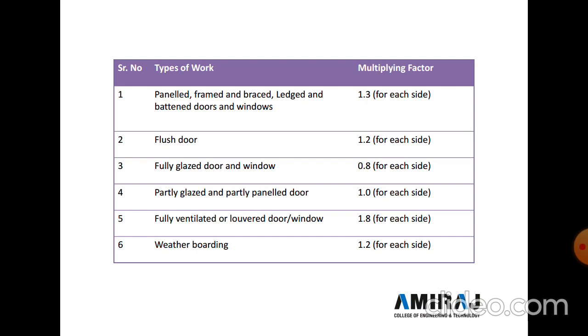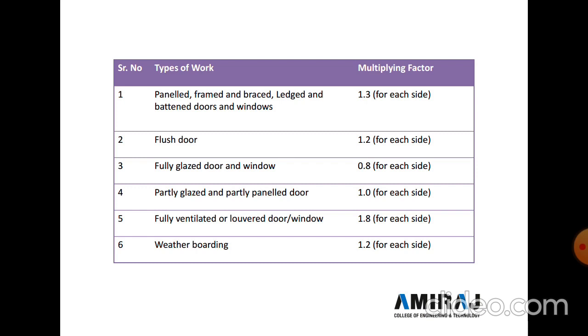The types of work are panel and framework. First type of work is panel, framed and braced, ledged, battened door and window, and the multiplying factor is 1.3. Next is the flush door, with multiplying factor 1.2 for each side. Next is flush fully glazed door and window, with multiplying factor 0.8 for each side.